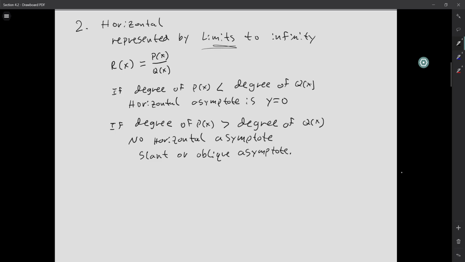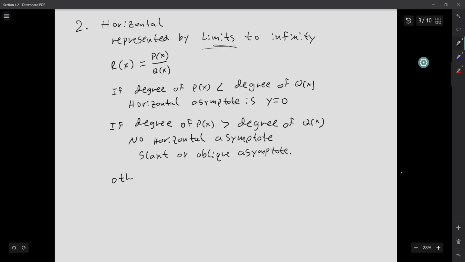Speaking in terms of general functions, you can have a different horizontal asymptote for the positive side and the negative side, but when we're dealing with polynomials, they always match on the left and on the right. So we don't have to worry about those troublesome cases in this class. Now the case that we're missing is if they are equal.